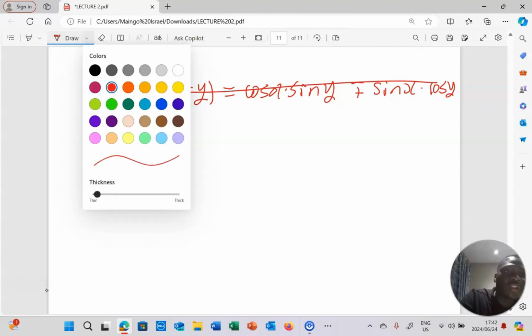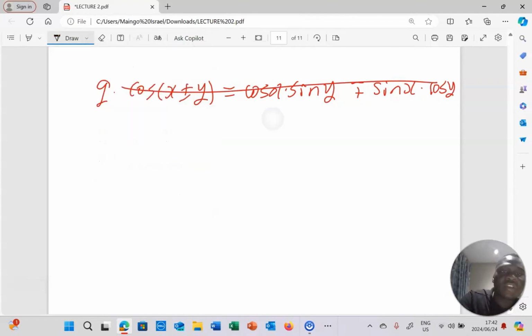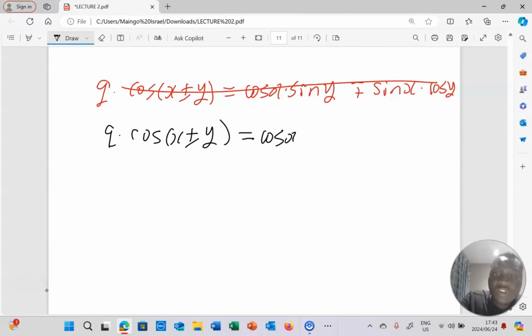So the correct identity for number 9 is cos of x plus or minus y equals cos x times cos y, and if you've got plus on the left, you've got minus on the right, and if you've got minus, you've got plus.